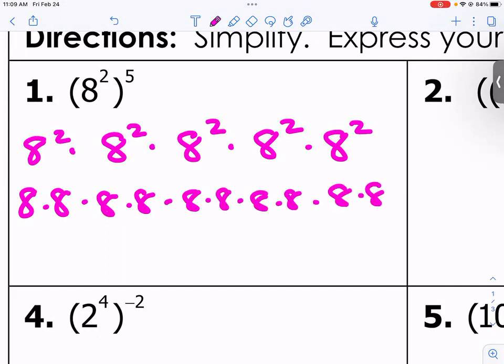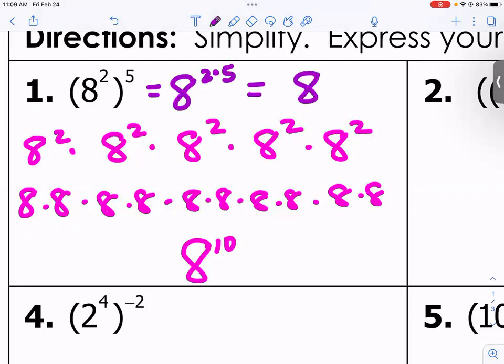So how many 8s do I have multiplied together? 10. 8 to the 10th. Now, do you want to draw this out every time? No. But what we can do is take 2 times 5 to get our power of 10.